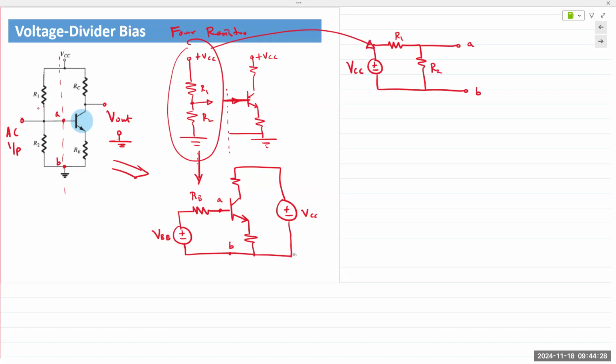This is redrawn like this. That's all it is. So when I redraw this and I want to find the Thevenin voltage and the Thevenin resistance between A and B, well, we go back to circuits 113 or the beginning of this class. We can find VAB as VTH, the Thevenin voltage, which in this case, because it's a voltage divider network, is simply VCC times R2 over R1 plus R2.